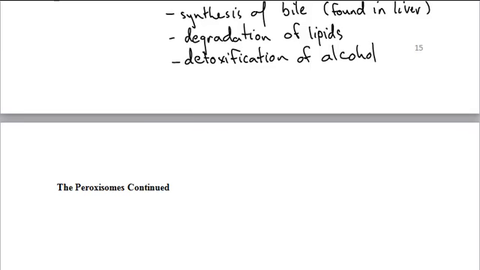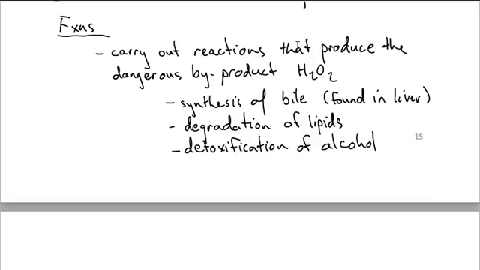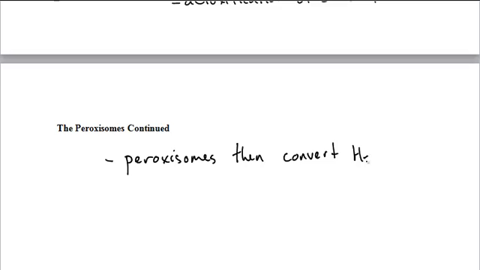So the peroxisomes carry out these reactions, produce H2O2, which can adversely affect cells. So then it promptly gets rid of the H2O2. They then convert H2O2 into harmless and useful products.